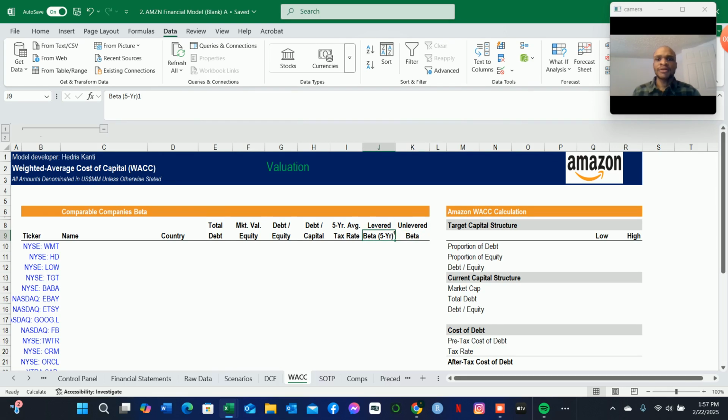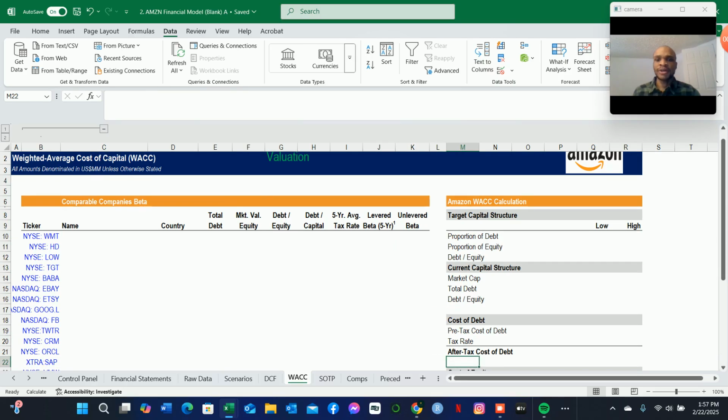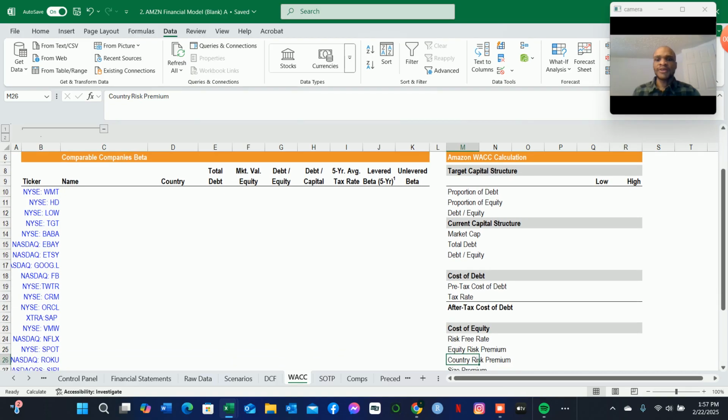The levered beta is the beta that takes into account debt financing in the market risk. Essentially, we will determine the unlevered beta, and then we will re-lever the beta to determine the beta for Amazon based on comparable company analysis.